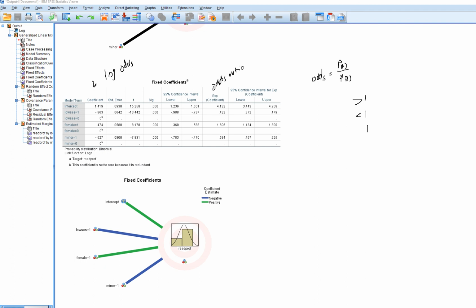You'll notice that you've got low SES equal to 1, equal to 0. And you'll notice that you've got a little 0 right here with a little b superscript. That's just referring to the notion that these are redundant parameters. What's going on is the program is treating each of these variables as dummy variables.